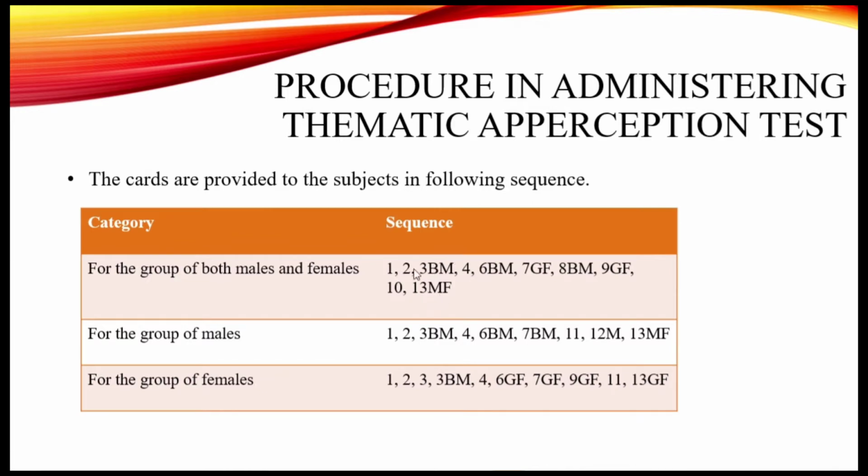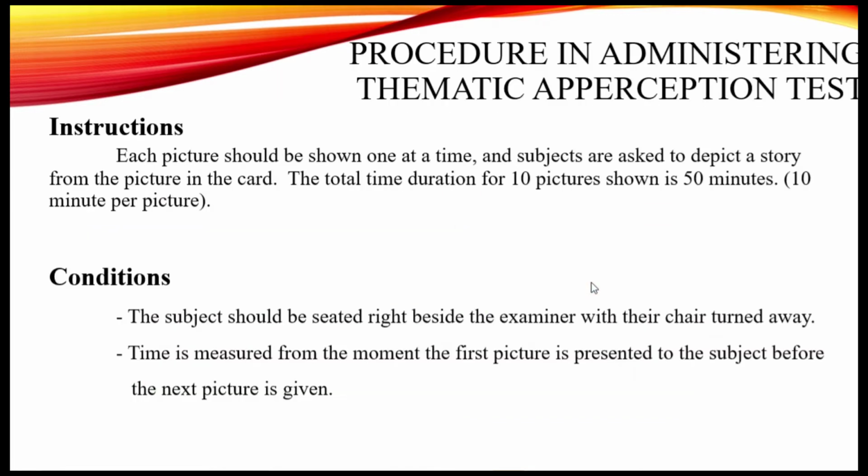So if we're going to present the pictures to the clients, it should be in this following sequence. We are not allowed to scramble this sequence because it will change the outcome of the assessment.